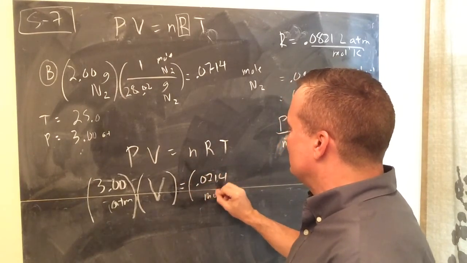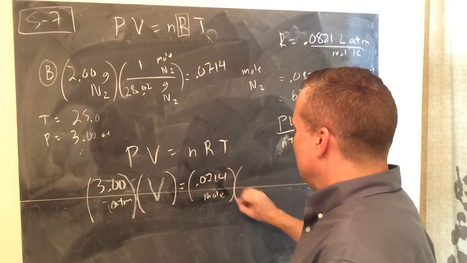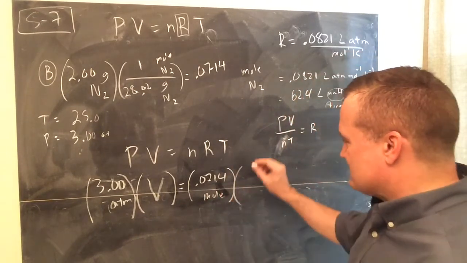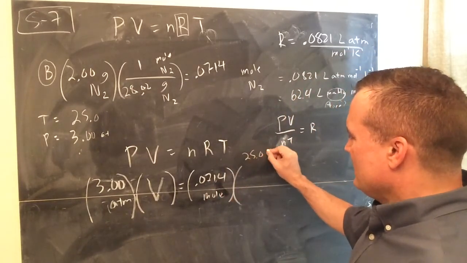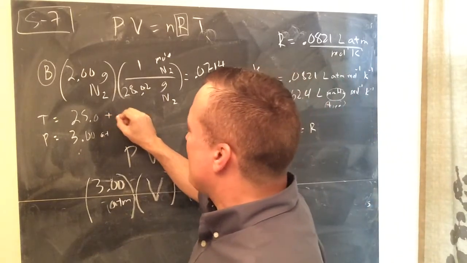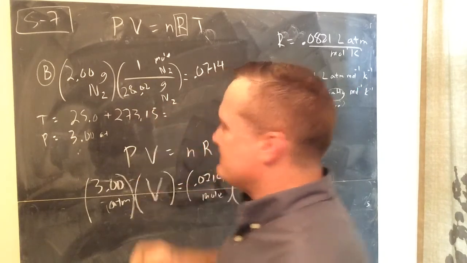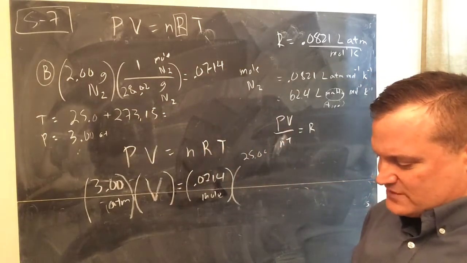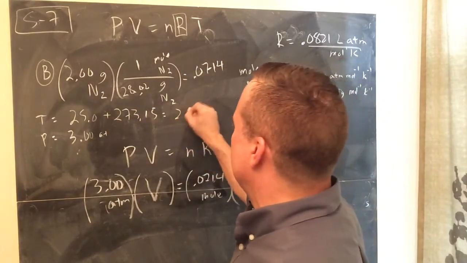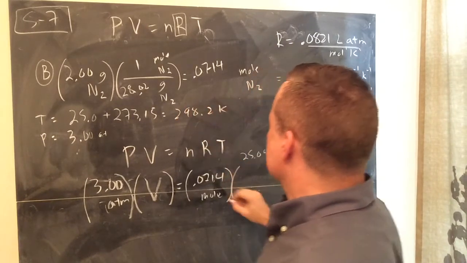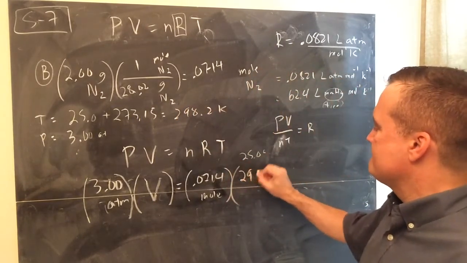This chalk is starting to go. And the temperature is 25 Celsius. Now remember what I told you? 25, don't even write it down there. Go on and Kelvinize that baby. 273.15 plus 25 is 298.2. So 298.2 goes here.